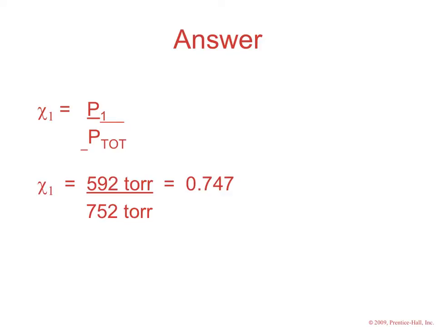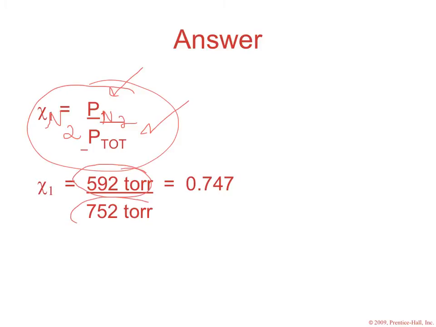All right, so we can get the mole fraction of nitrogen gas, and that's defined simply as partial pressure of nitrogen divided by the total pressure of the gas mixture, and that was given to us. So the mole fraction of nitrogen is 0.747.